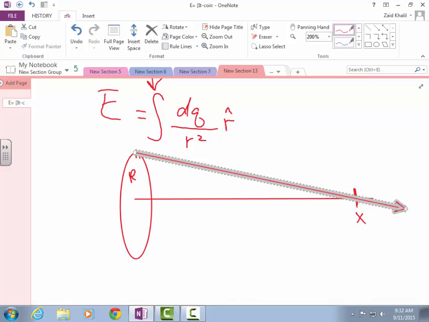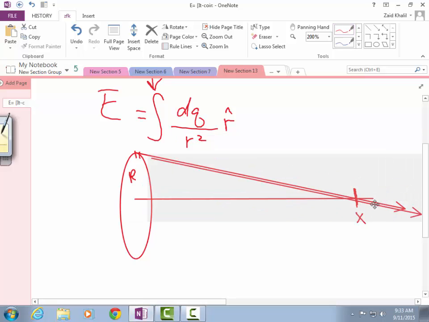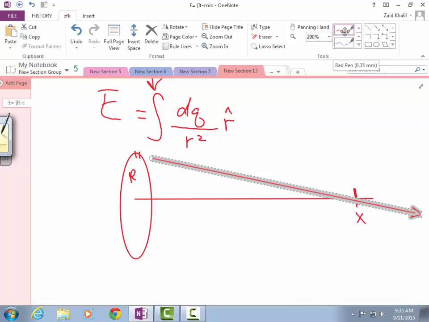So if you go on the exact other side of this ring, where's that electric field pointing? That's right. On the other side, it's going to point at this angle.